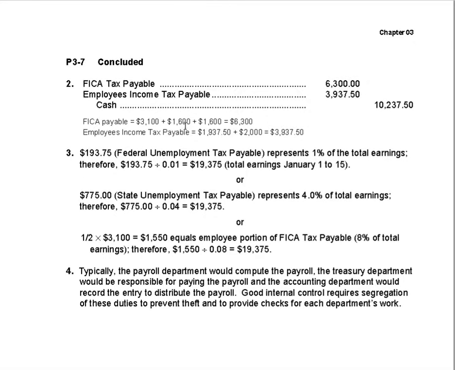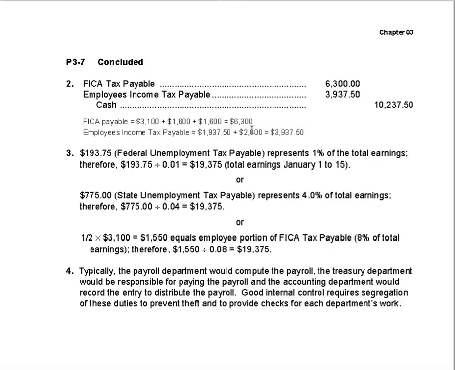FICA tax payable is nothing but the 3,100 plus 1,600 plus 1,600. Employee income tax payable is pretty much the same, the $1,937.50 plus the 2,000 that we calculated earlier.